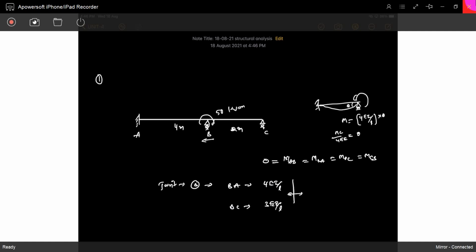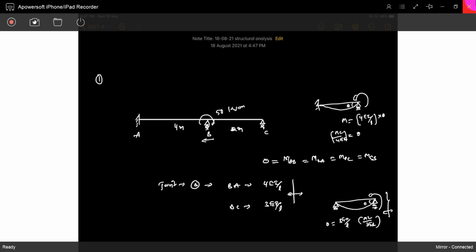If it is a hinge, how much moment is required? Theta is ML by 3EI. Again and again I will say these things are important. So that is the stiffness of the members.